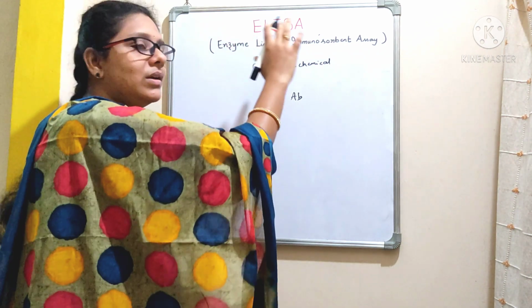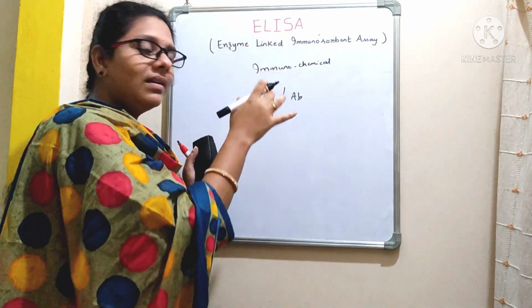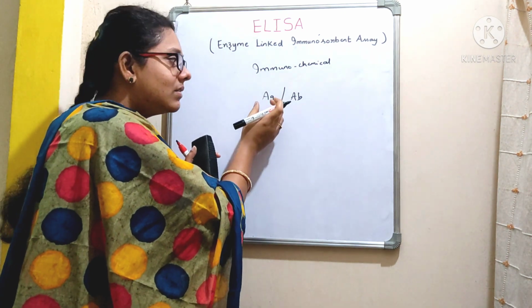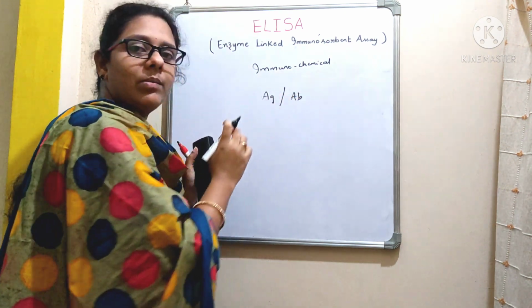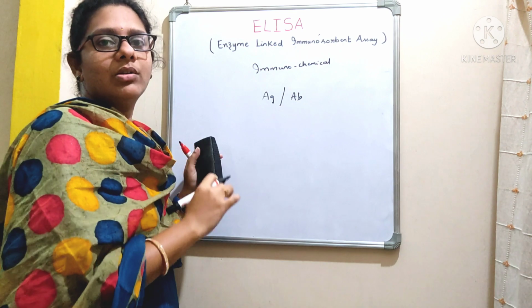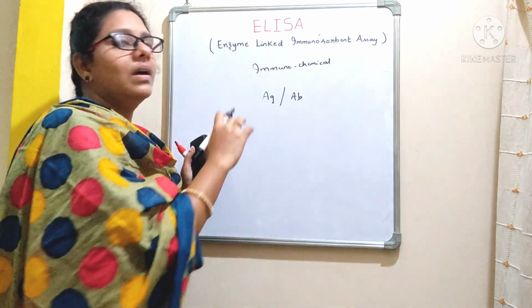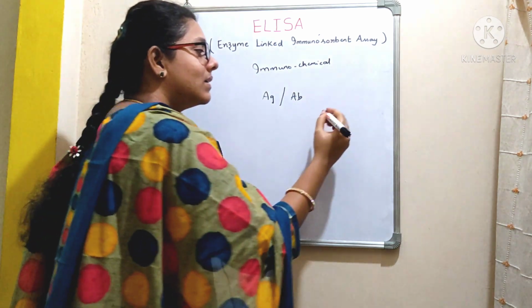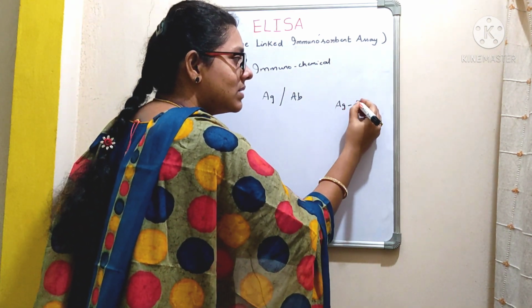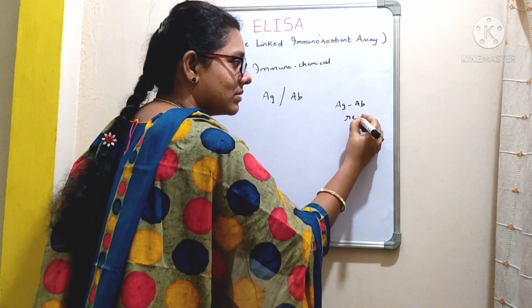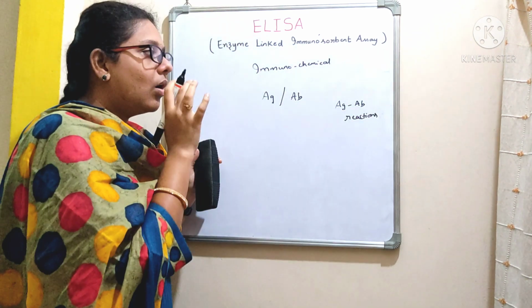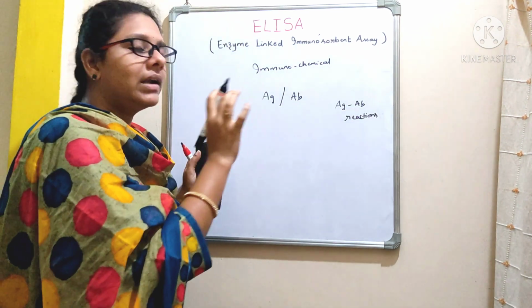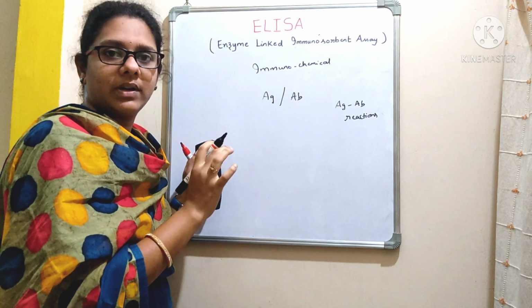So by using this method we can detect the presence of either the antigen or an antibody in a biological sample. This method of ELISA relies on antigen antibody reactions. Always, the antigen and antibody reactions are specific.